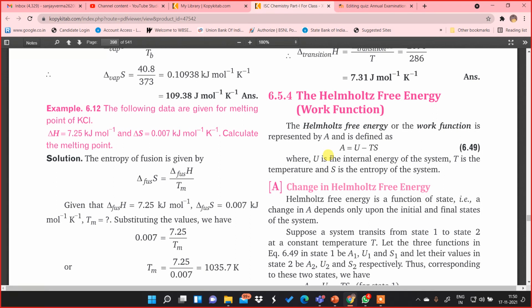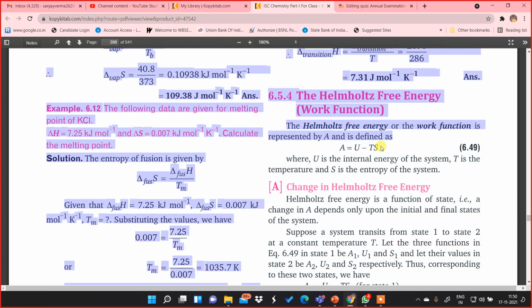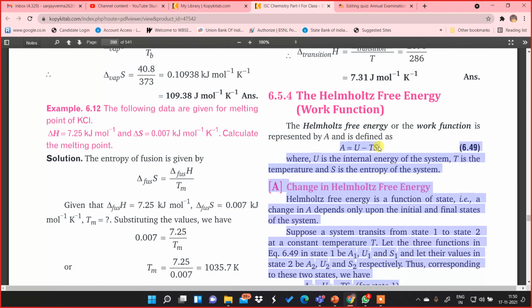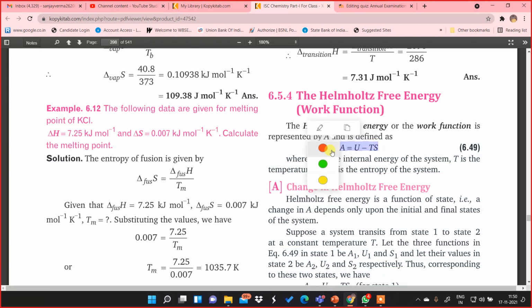Now let us first understand the meaning of this work function. But before that, let us keep this formula in our mind: A is equal to U minus TS. U stands for internal energy, T stands for temperature, S stands for entropy, and capital A stands for work function.